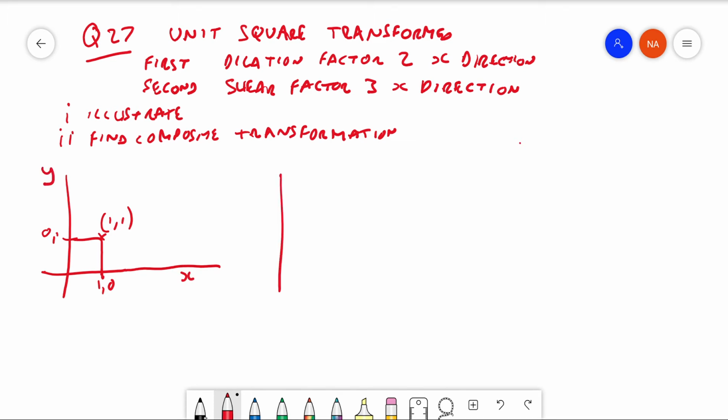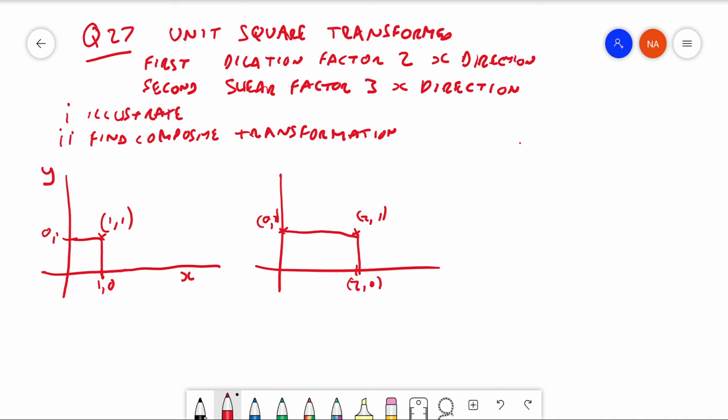After the first transformation, we just have a dilation by a factor of 2 in the x direction, so that's pretty straightforward. That just goes there to 2. Everything just goes 2 in the x direction. It'll be then 2, and that will still be there at 0. So we'll have that. That's the first thing.